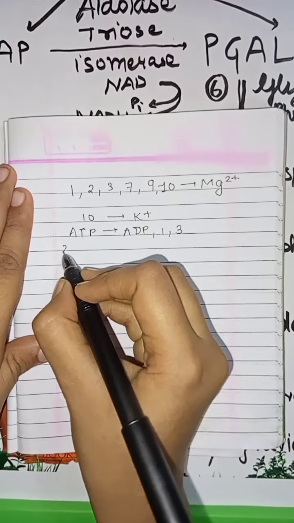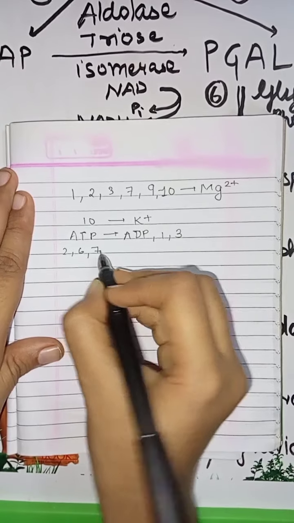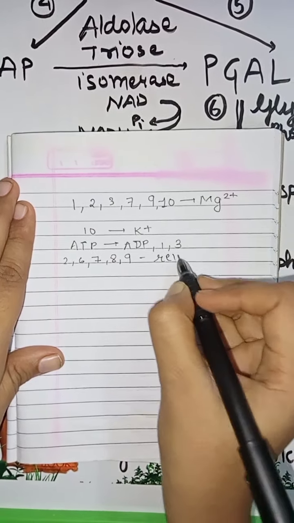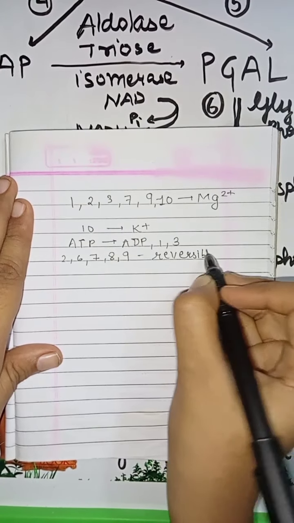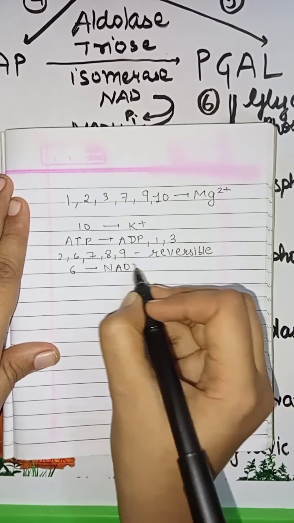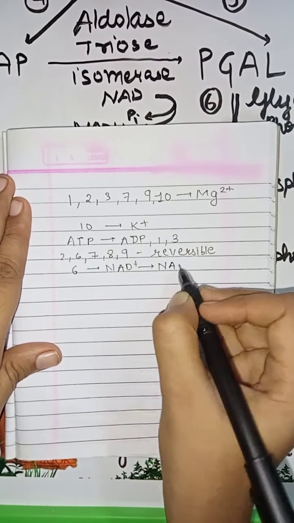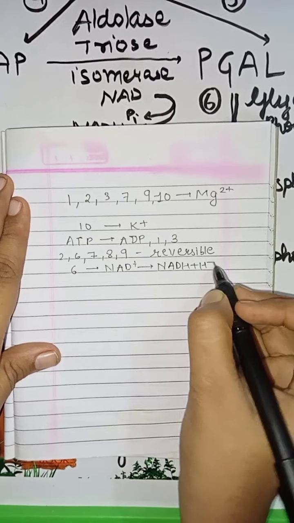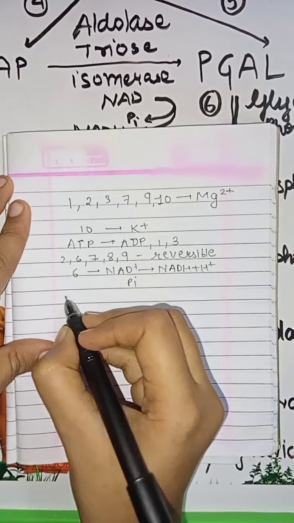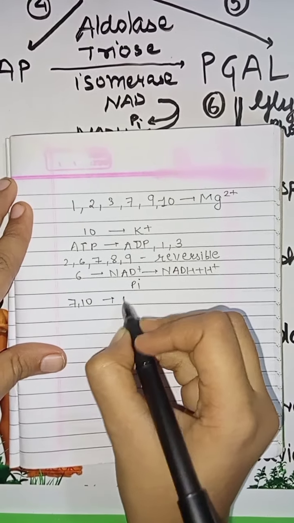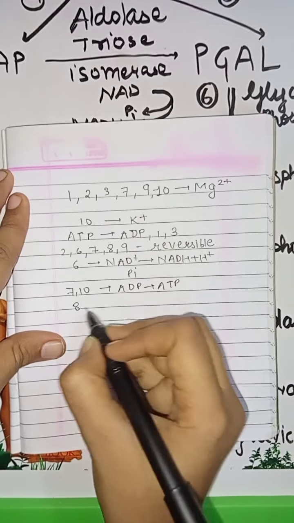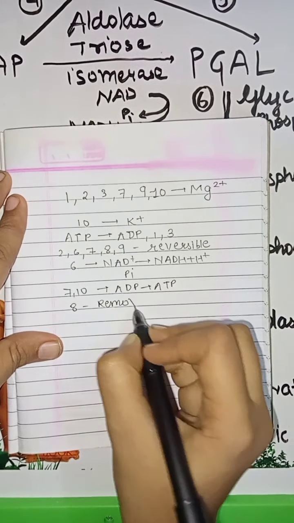In the step 2, 6, 7, 8, 9, it is reversible. 6th step, NAD plus converts to NADH plus H plus. Also we get phosphate. In the 7th and the 10th step, ADP converts to ATP. 8th step, removal of water occurs.